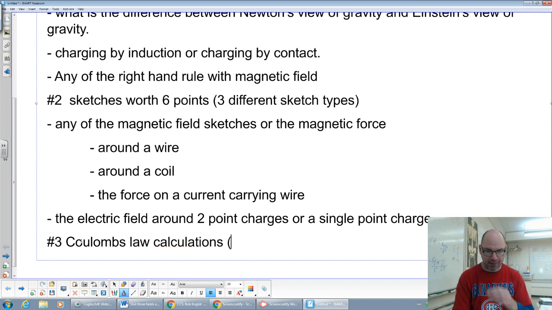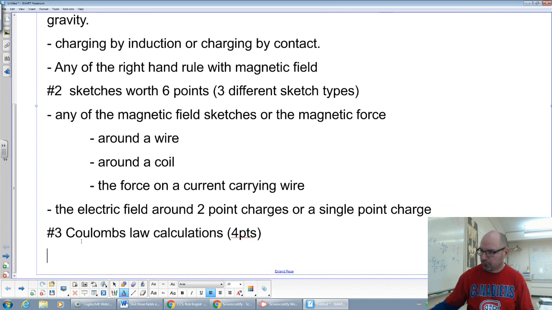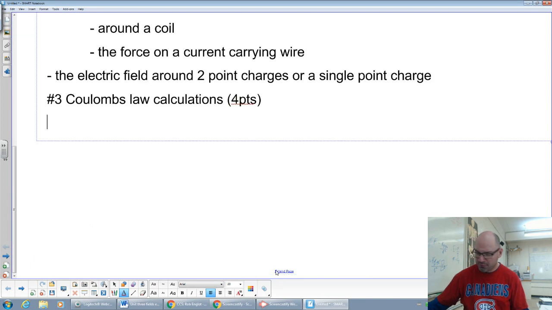Okay, so we're looking at, in there, 4 points. I got 2 of them. Okay, so you'll be using Coulomb's law, the force equation, to calculate. So let's do an example here for ourselves.